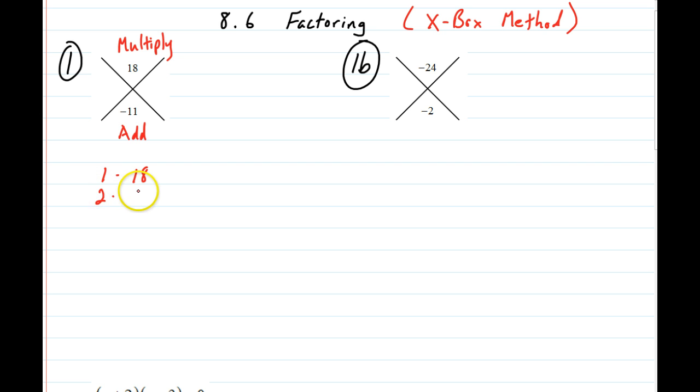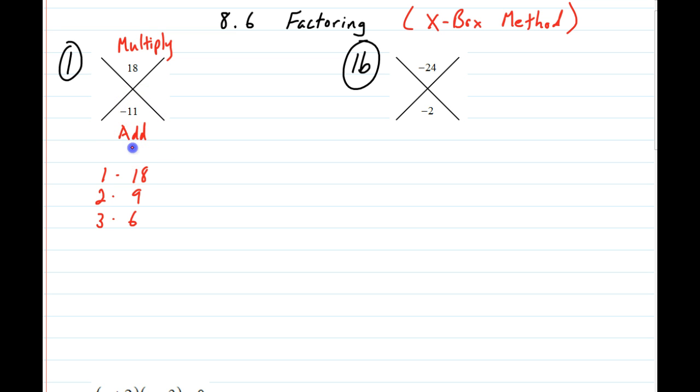And then 2 times 9, 3 times 6. And so what I'm doing, I'm just working my way up on the left hand side. 4 doesn't go into 18, 5 doesn't go into 18, and then 6 goes into 18, but it would be 6 times 3, and I've already have that set of factors. So these are the three factors.